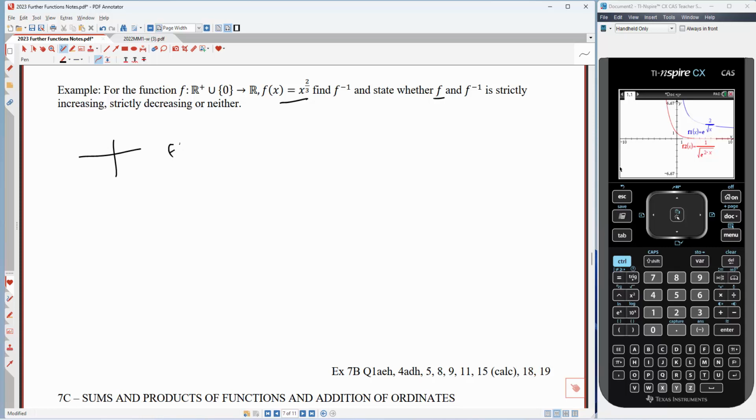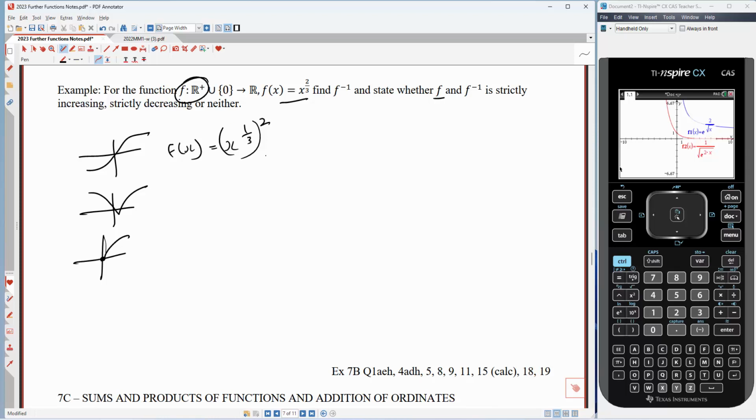Let's just imagine f of x equals x to the 1/3. That's this. Now what we're going to do is raise it to the 2, which would take this part and make it positive, so that's going to be that. And then it's only true for real positives union 0, so it's only going to be this part here.